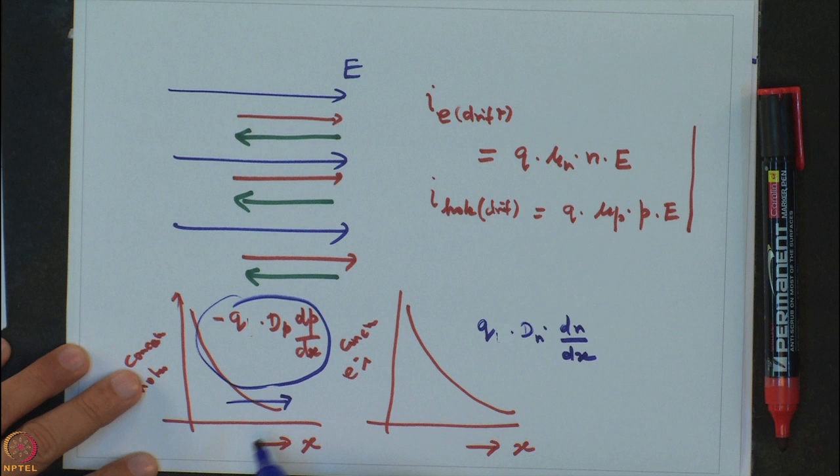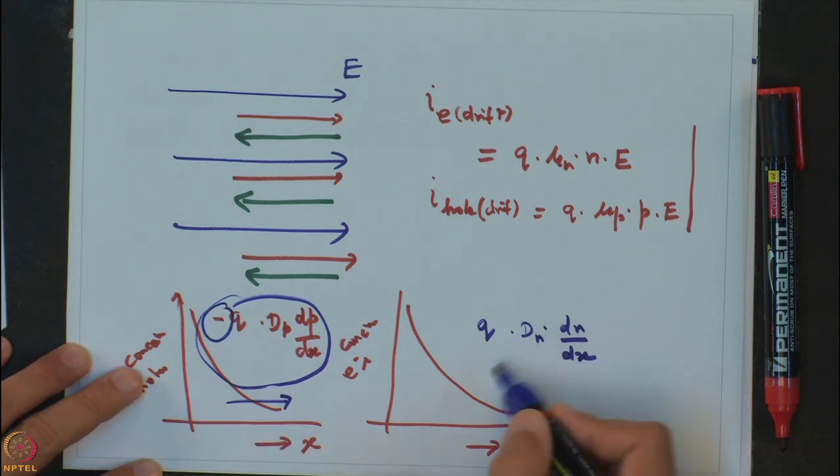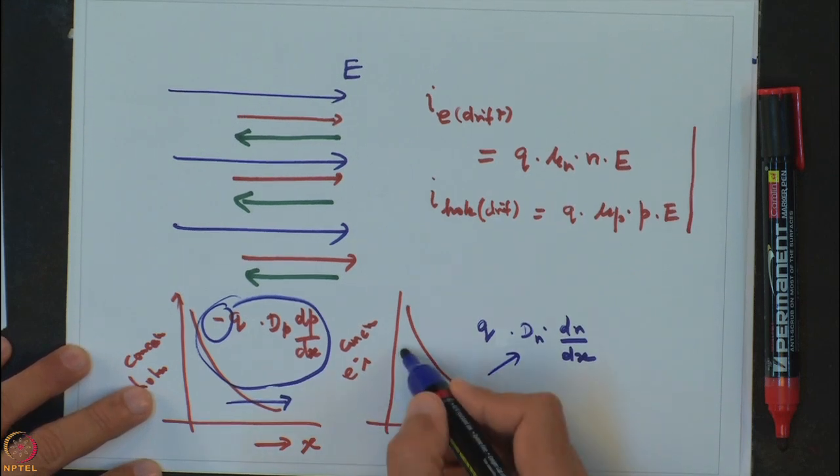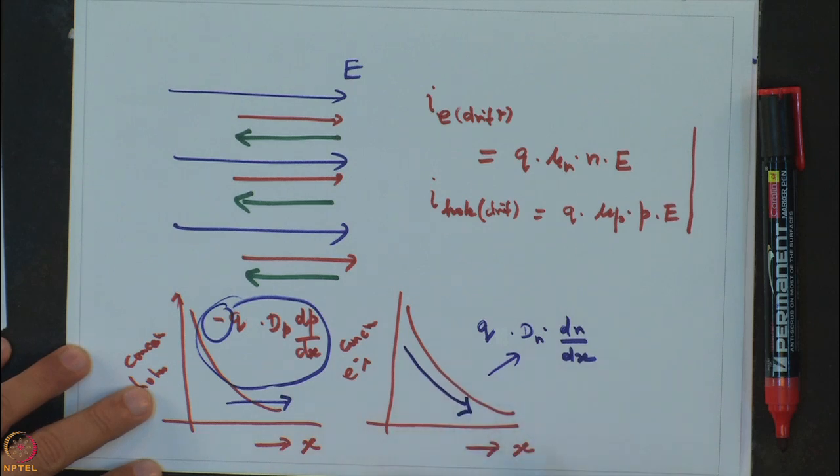So, there is a minus sign which remains there, but in case of electrons, because the direction of the current is considered to be opposite to the direction of the electrons, and the diffusion gradient of the electrons is considered to be again negative in this x direction, that is why you get a positive q into dn by dx, that expression.